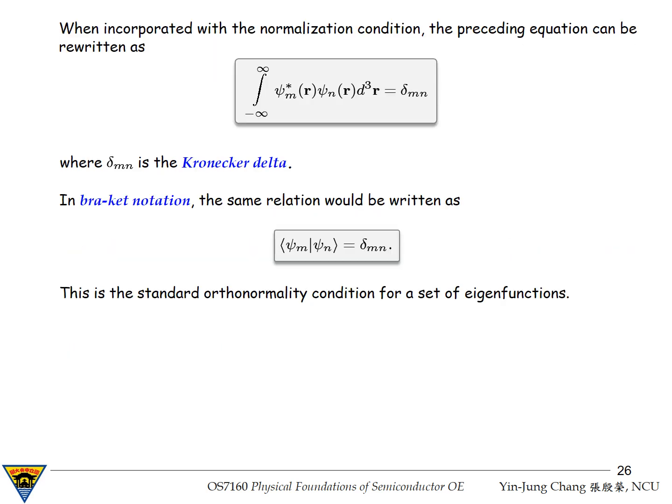Now we go one step further. If we combine orthogonality with the normalization condition, then the result can be written in a very compact and elegant form as shown, where delta sub mn is the Kronecker delta. We know that when m equals n, delta sub mn equals 1, otherwise it must be 0.